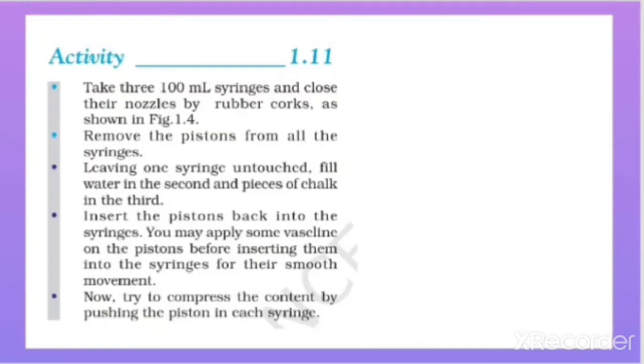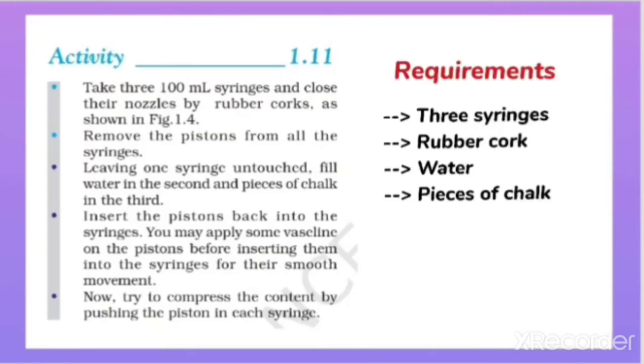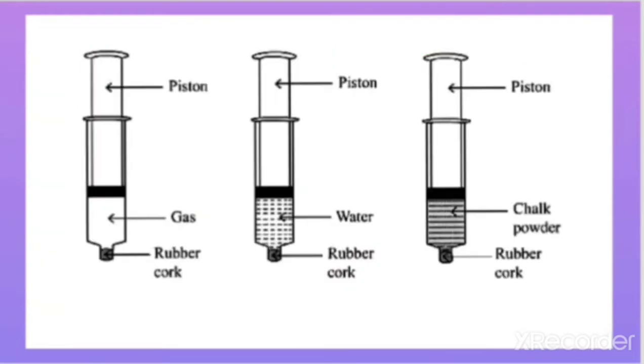So by reading this, we need certain things for doing this activity. These are: 3 syringes, a rubber cork, water, and some pieces of chalk. Now we'll be performing this activity. We will take the 3 syringes as shown in this figure, and first we will remove this piston.